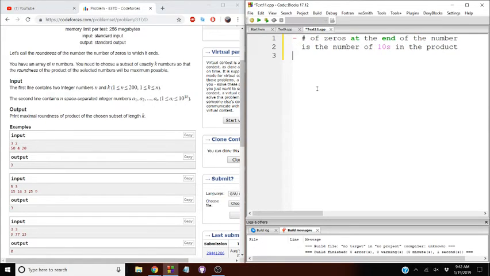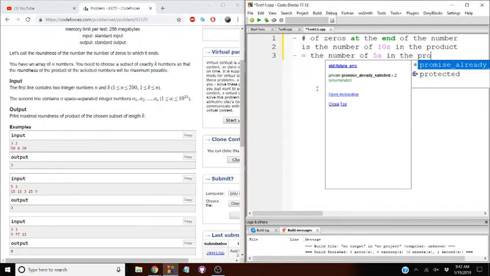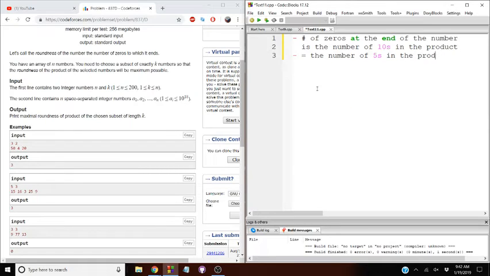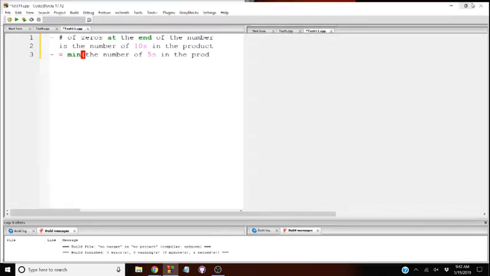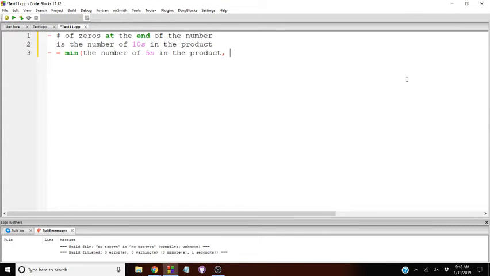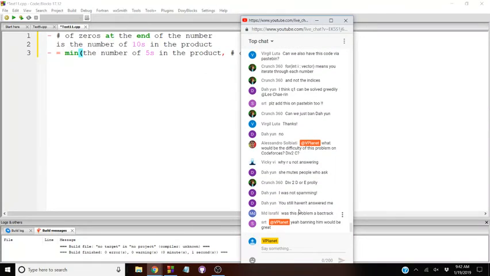So like, yeah, this equals the number of fives in the product, or this equals the min of the number of fives in the product and the number of twos in the product. Okay, let's make sure there's no questions about that problem.